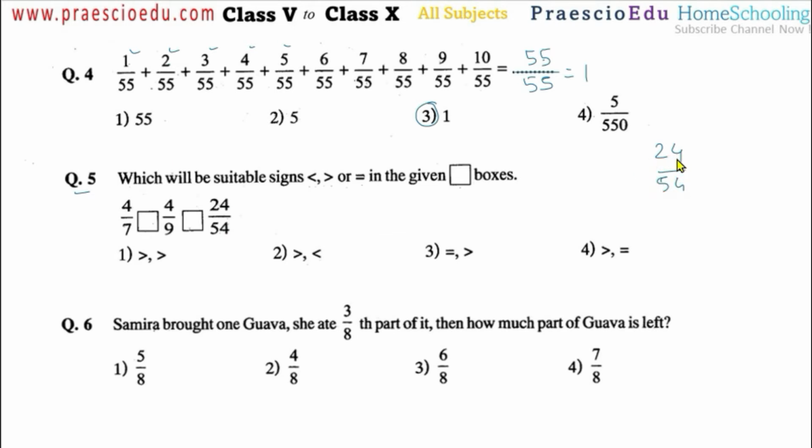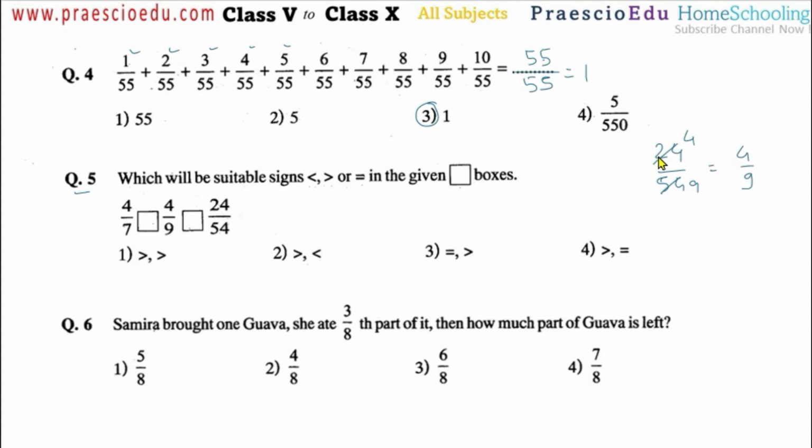We can take common 2, but there is more than 2 in the numbers, so 4 is also there, meaning we can divide by 4, or even 6. So 6 4s are 24 and 6 9s are 54, so we can say 4 by 9. This is now the reduced fraction, 24 by 54 to 4 by 9.